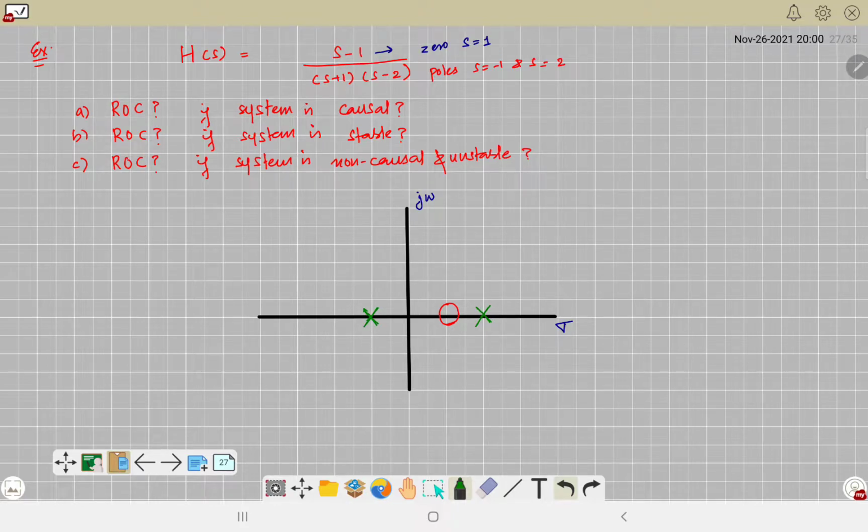So this is -1, this is 1, and this right here is 2. Okay, this is my pole-zero plot.